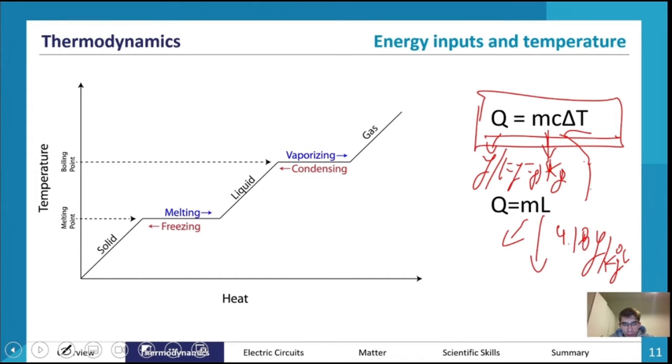Now, let me double check the specific heat capacity of water. The reason I have put the kilograms or grams, joules or kilojoules, is because you can actually convert between them.